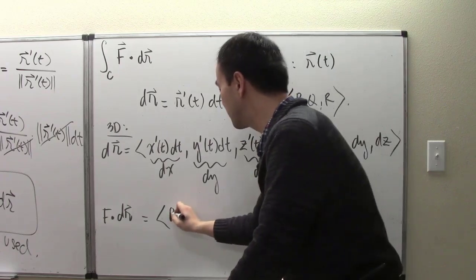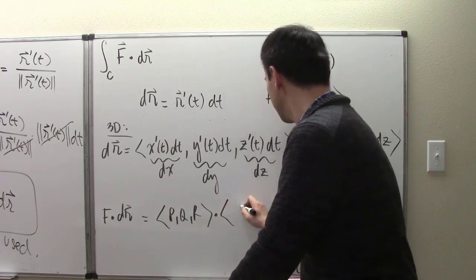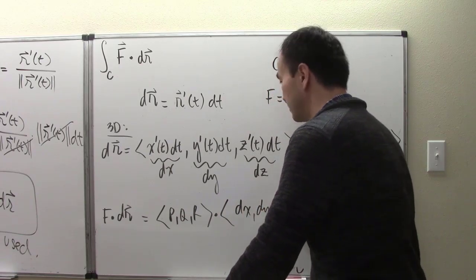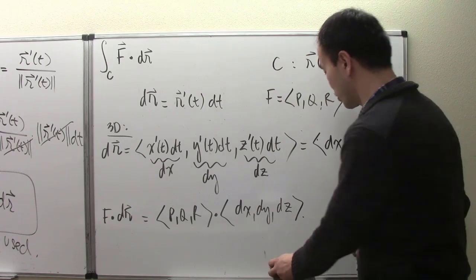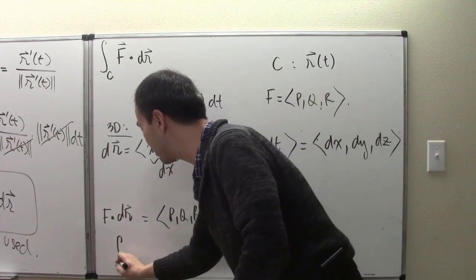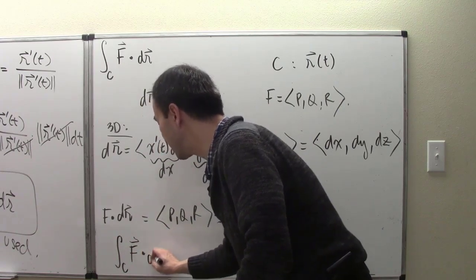That means we have p, q, r dotted with dx, dy, and dz. So alternatively, for the exact same line integral, the line integral along a curve C for the vector field f dot dr.